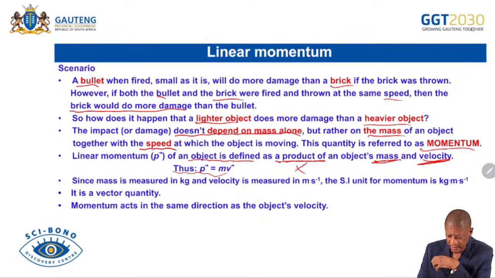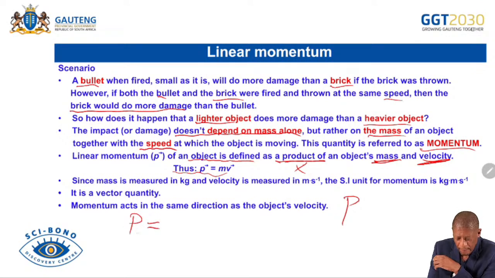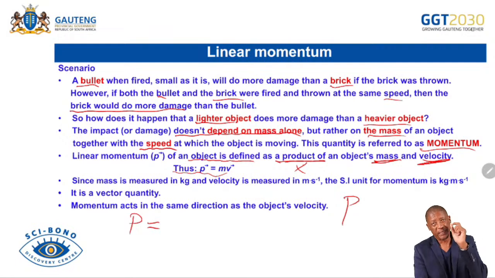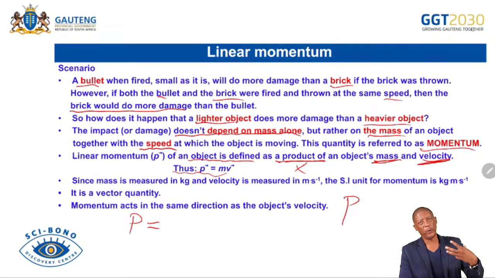So in other words, you are having P, right? Let me just write it in this space. We are having P equals to, P denotes what? Momentum. We represent momentum as P.